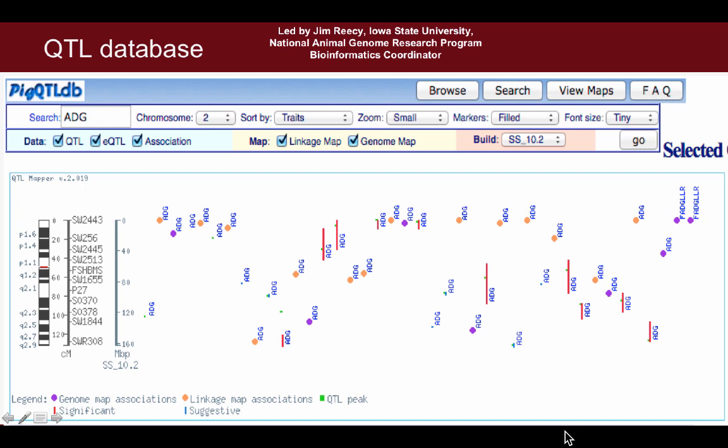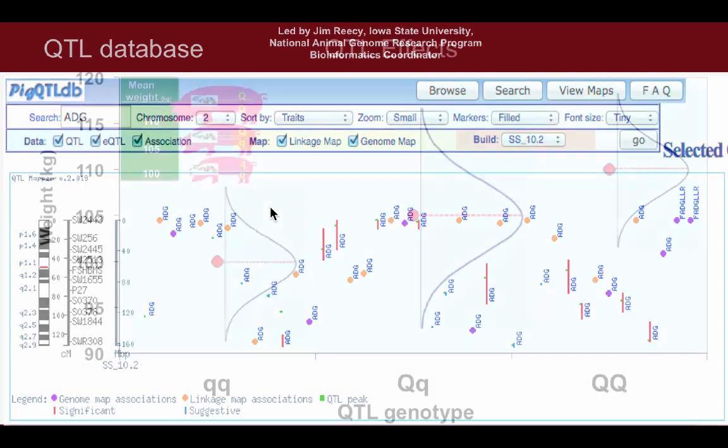You can also see that many studies find QTL for growth rate in similar regions of the chromosome, for example here at the beginning of chromosome 10, and they likely reflect the same causative gene. So this is a very powerful resource summarizing QTL information.